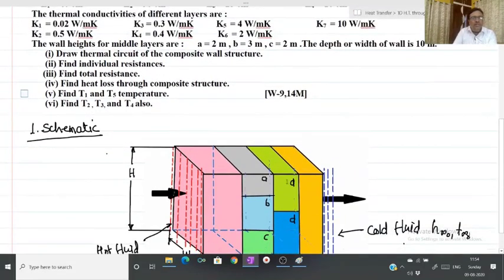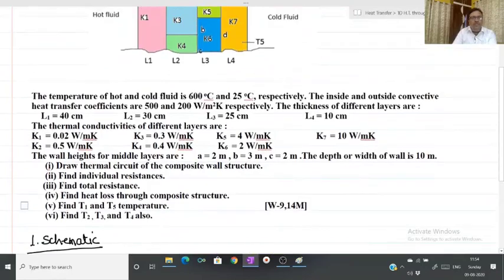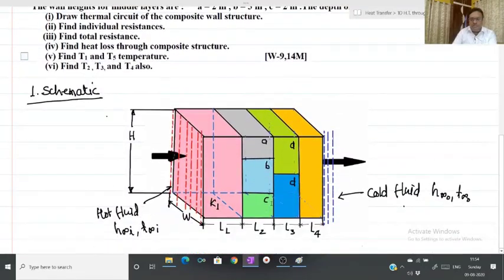Then thermal conductivity of first slab is represented by K1. Thermal conductivity of this slab is represented by K2, K3 and K4 respectively.